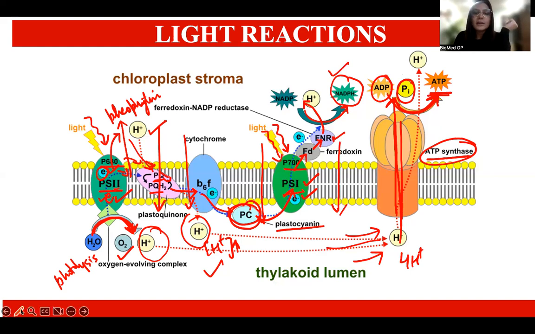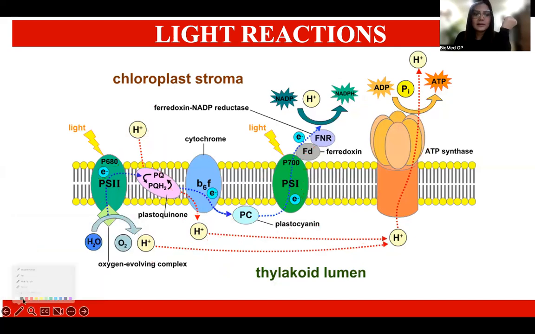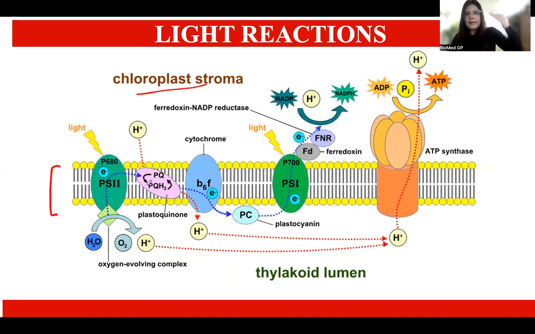So let us try to recapitulate everything and revise everything before we end this class. The light reactions take place in the thylakoid membrane. Outside the thylakoid membrane is the chloroplast stroma, and inside the thylakoid membrane is the thylakoid lumen.